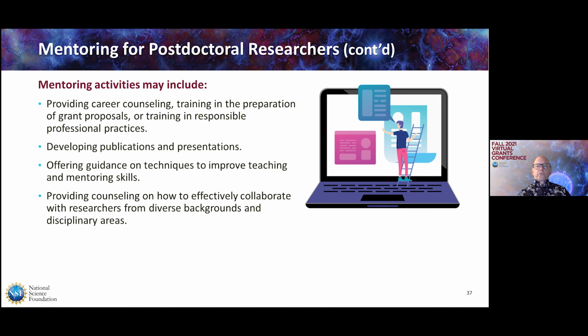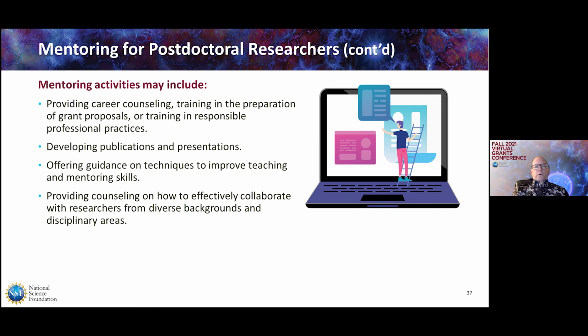So what goes into a mentoring plan? Well, just because the bullets are listed here doesn't mean that you have to check every box or that there aren't other boxes to check along the way, but here are some examples. Providing career counseling, training in the preparation of grant proposals. After all, postdocs may well end up being future faculty members.